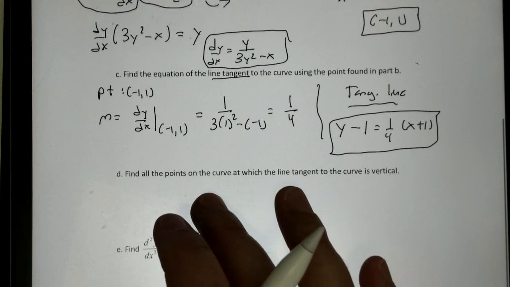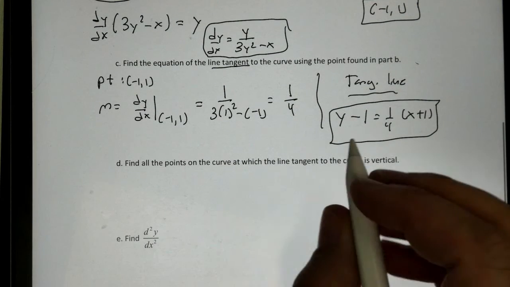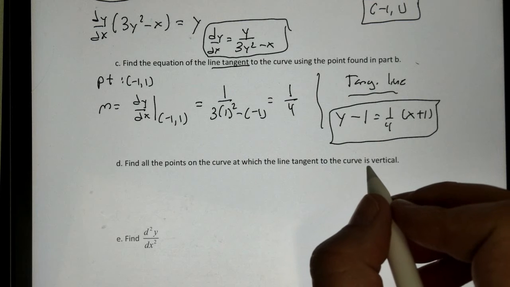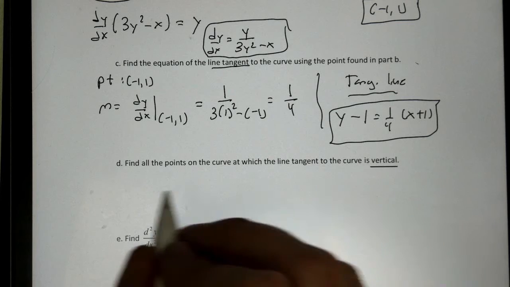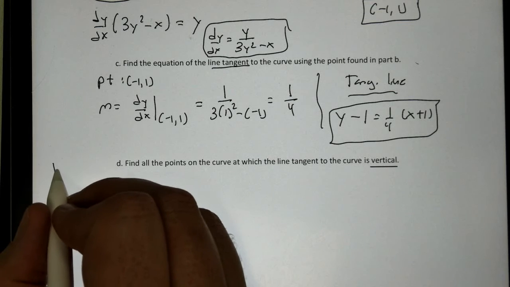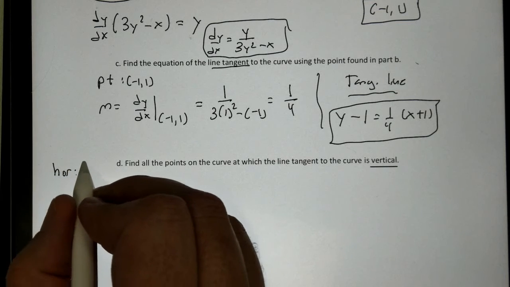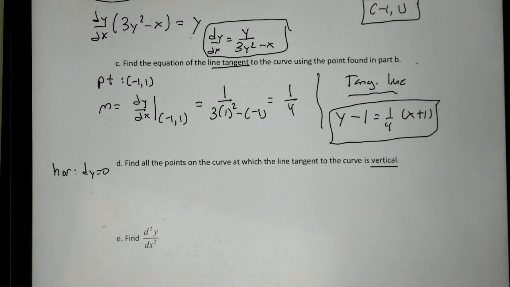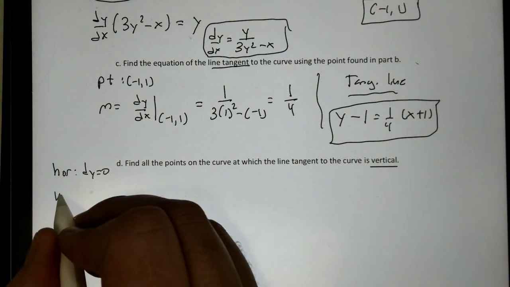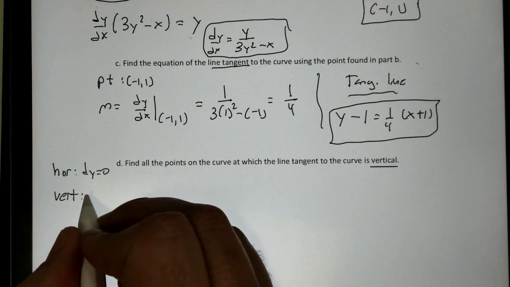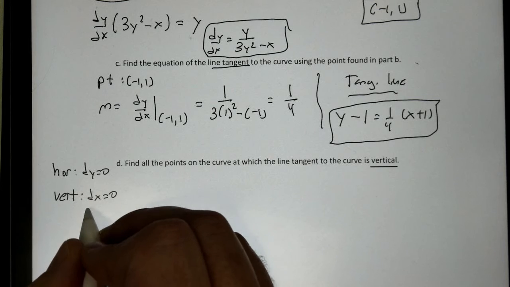Part D says, find all the points on the curve in which the tangent to the curve is vertical. Now, in yesterday's video, we said the following. If we're looking for something horizontal, we know that the change in y is 0, so we'll just look at the top of the derivative. If I'm looking for a vertical tangent, we have to look for where the bottom is 0.